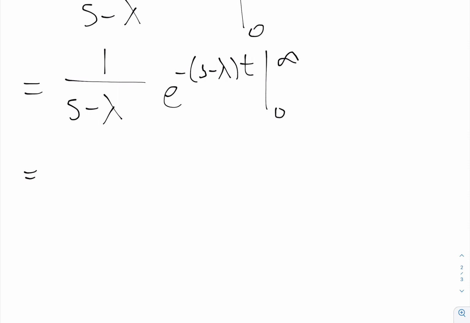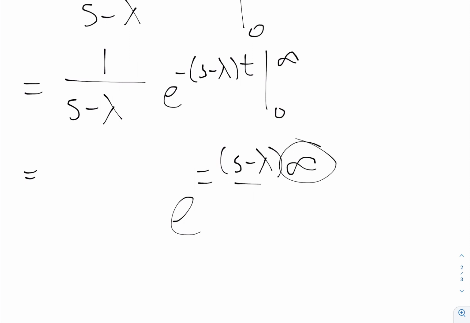Okay, so if we plug in infinity for t, we're going to ignore this constant right here because it's just a constant, e to the negative (s minus lambda) times infinity. And you'll notice that no matter what s and lambda are, we're going to assume for now s minus lambda is positive, so s is greater than lambda.